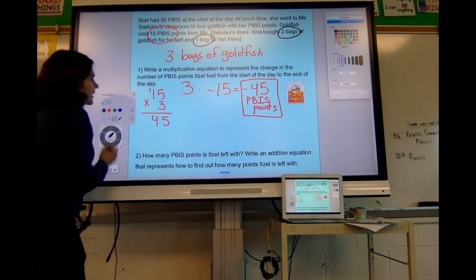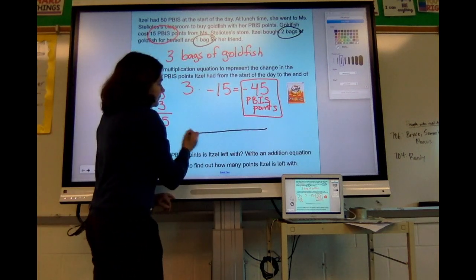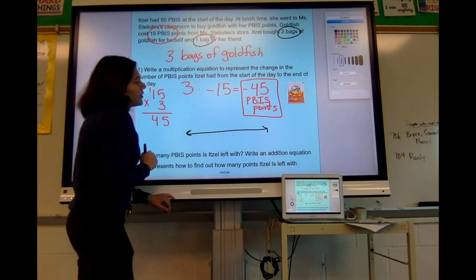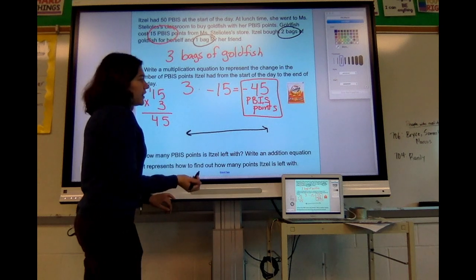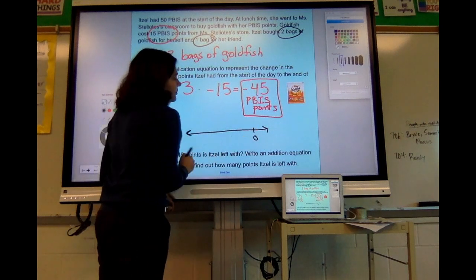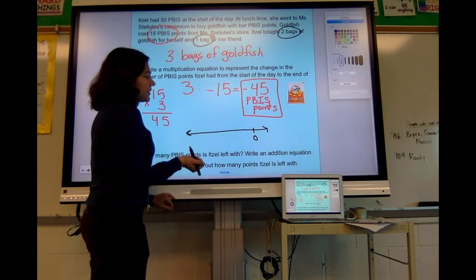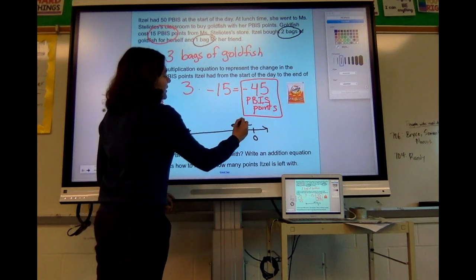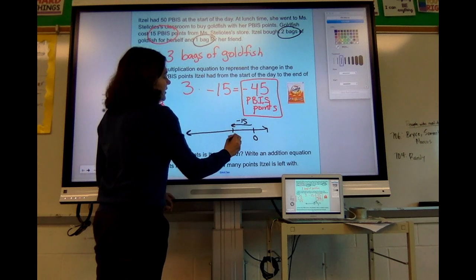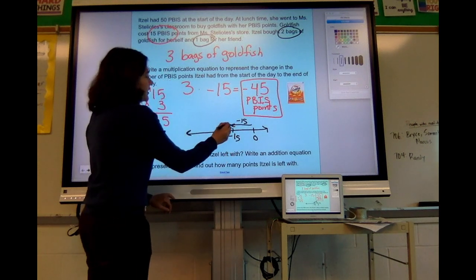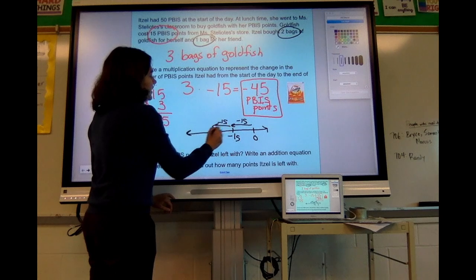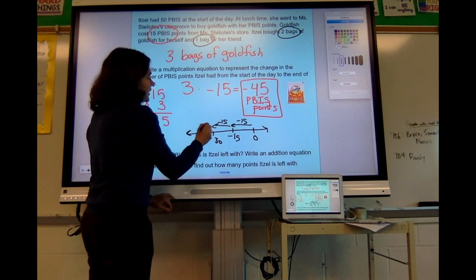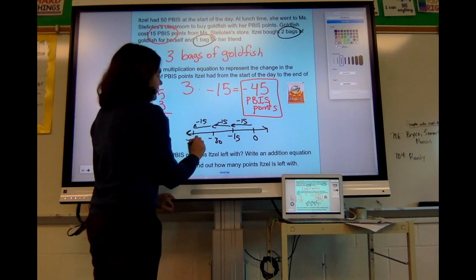If I wanted to, I could think about this on a number line, where just thinking about the change, thinking about 0 as our starting point, even though she doesn't start with 0, I'm subtracting 15. Once that's taking 1, then I go another negative 15, that'll get me to negative 30, and then 1 more negative 15, and it gets to negative 45.